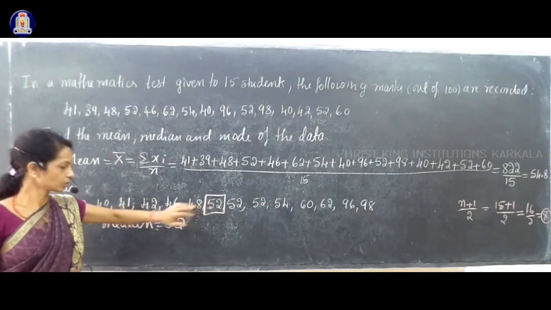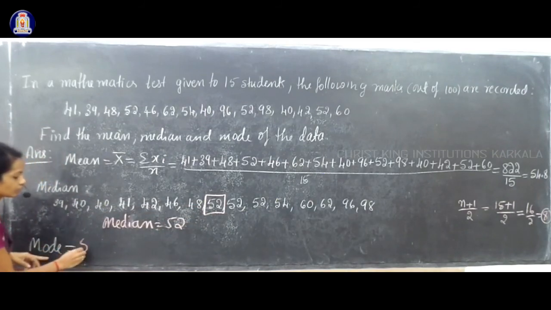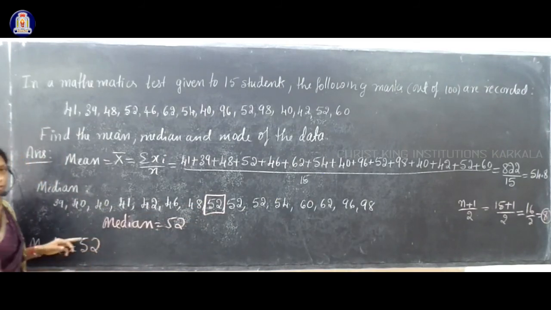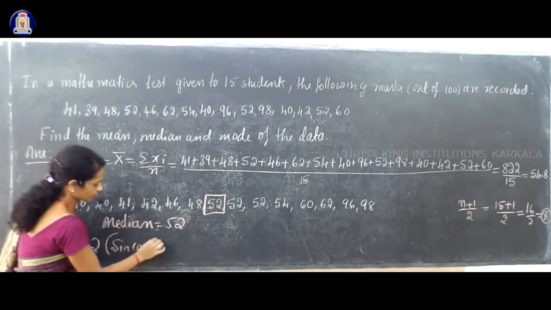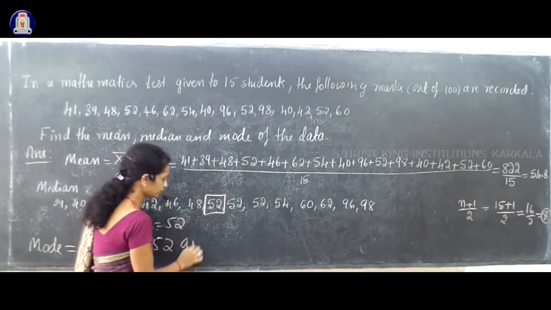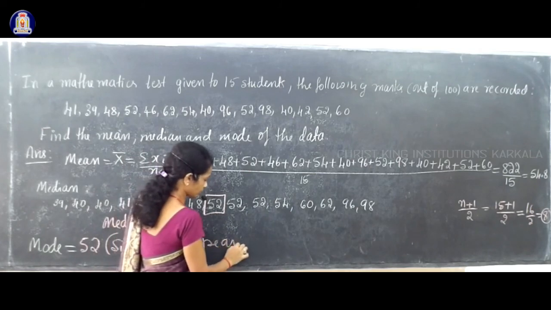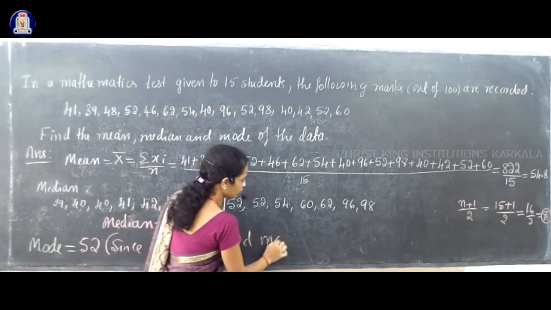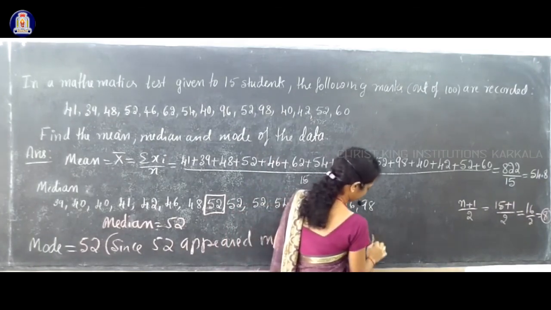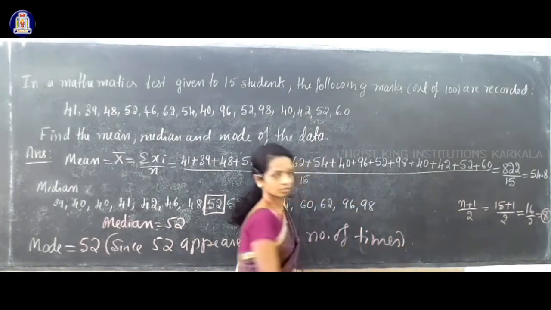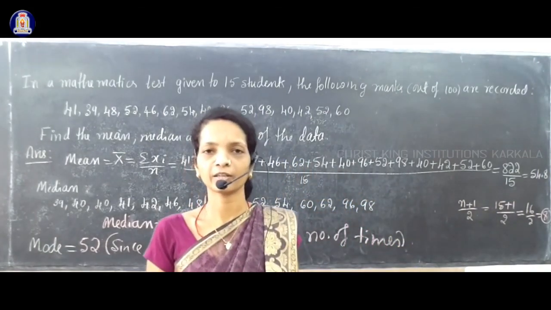So what is the mode? Mode is 52, because that appeared the maximum number of times. Okay, like this you have to calculate mean, median and mode. Thank you.